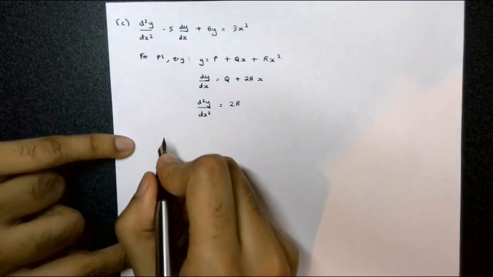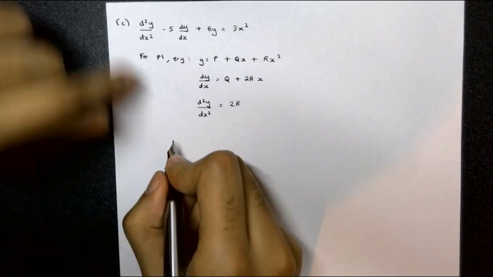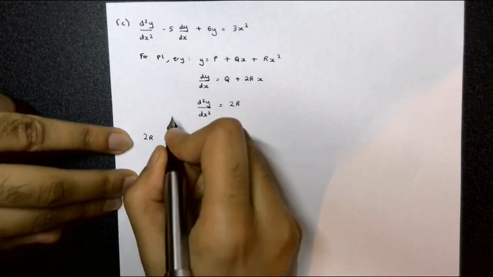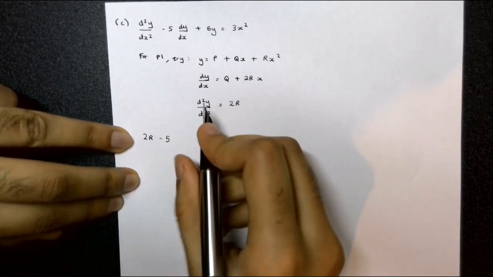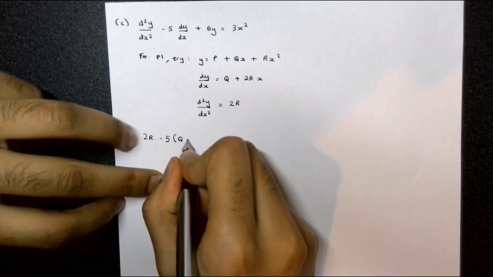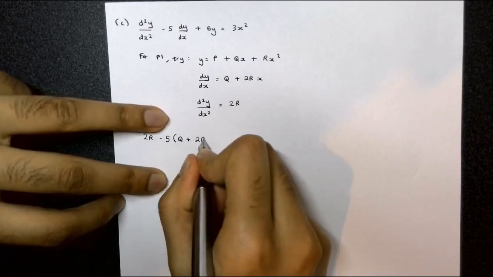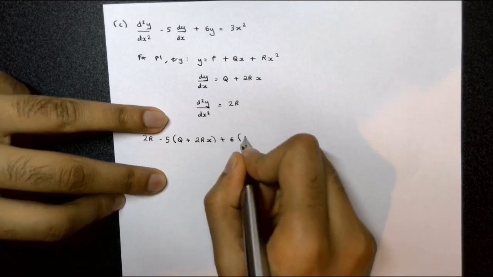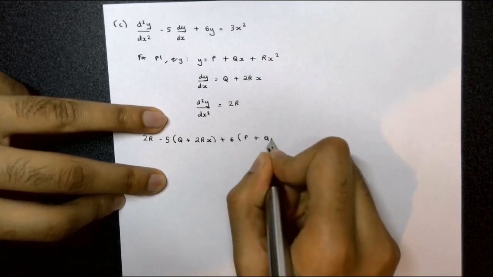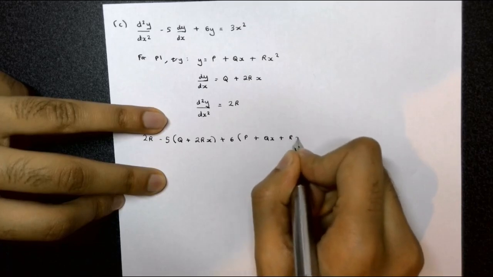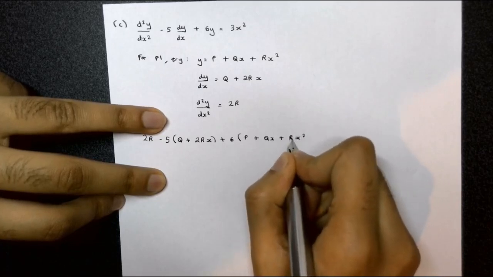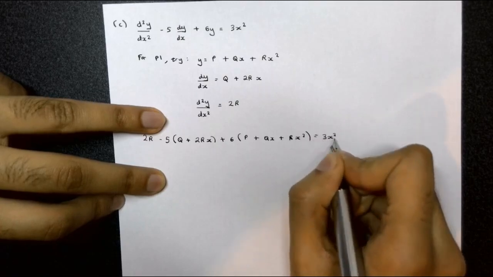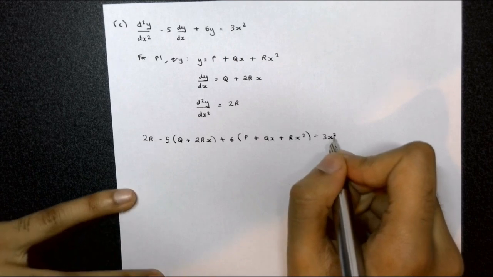So what we have then is 2r for d squared y over dx squared minus 5 lots of q plus 2rx plus 6 lots of p plus qx plus rx squared. And all of this is equal to 3x squared, as we see over here.